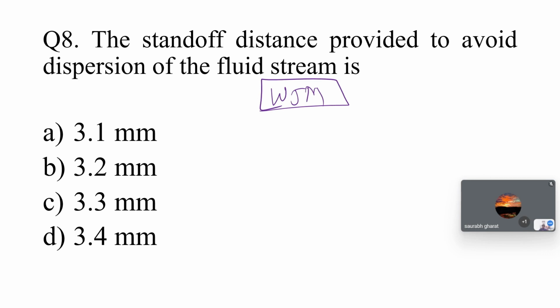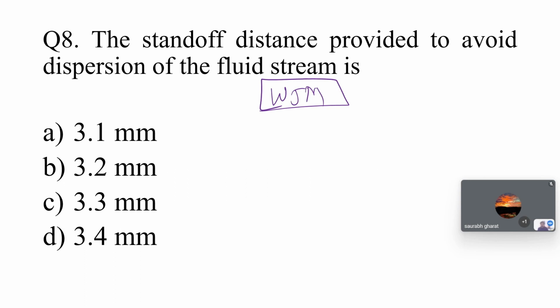So that is what the question is all about here. So by that time we might get the answer.